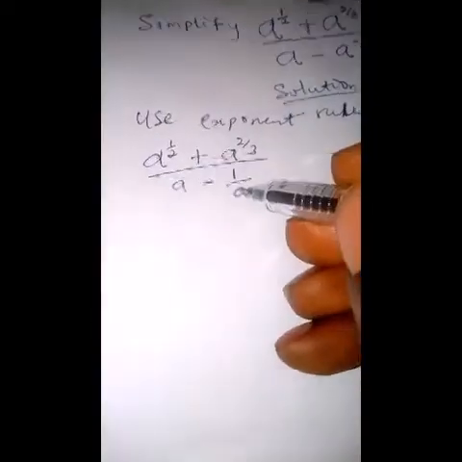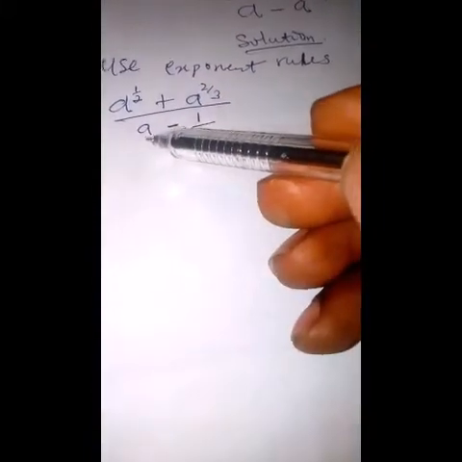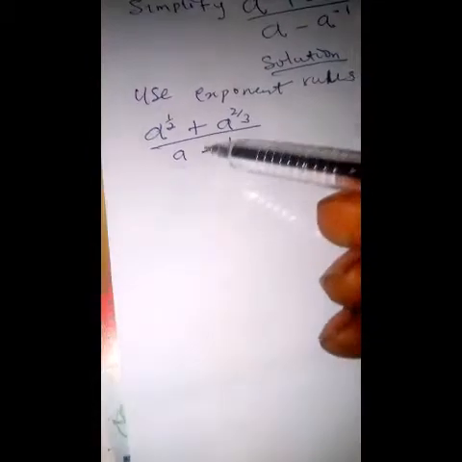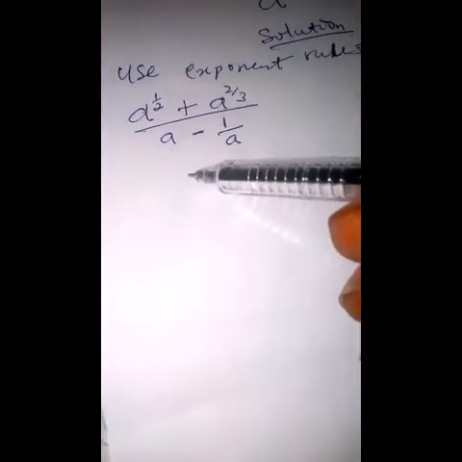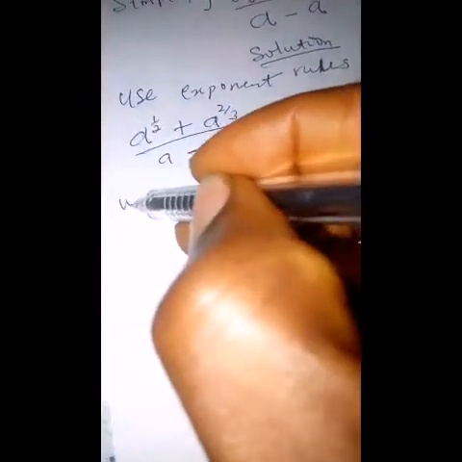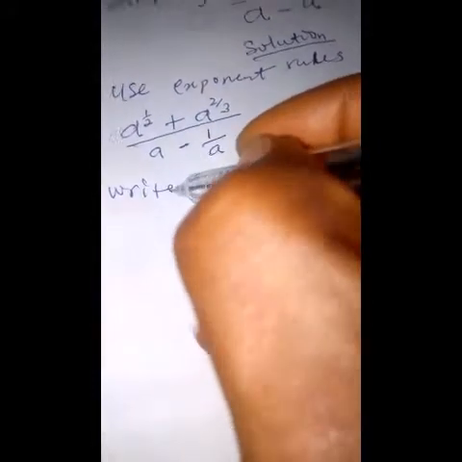Now that we have this, you can either look for the LCM. You can work with the denominator first and find the LCM, or you can go further by writing all the numerators above the common denominator.